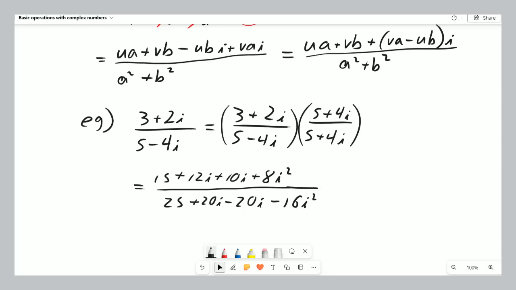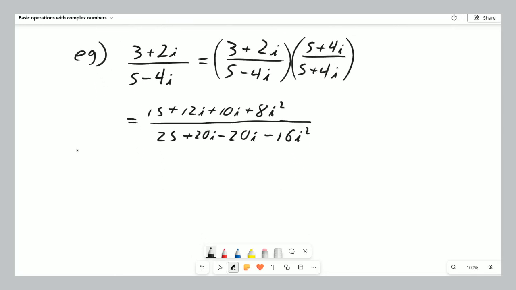Okay, now what happens when we simplify that? Remember, that's a negative 1, so we have 15 minus 8. So we have 7 plus 22i on top. At the bottom, this cancels out. This negative 1 turns this minus into a plus, and we just have 25 plus 16.